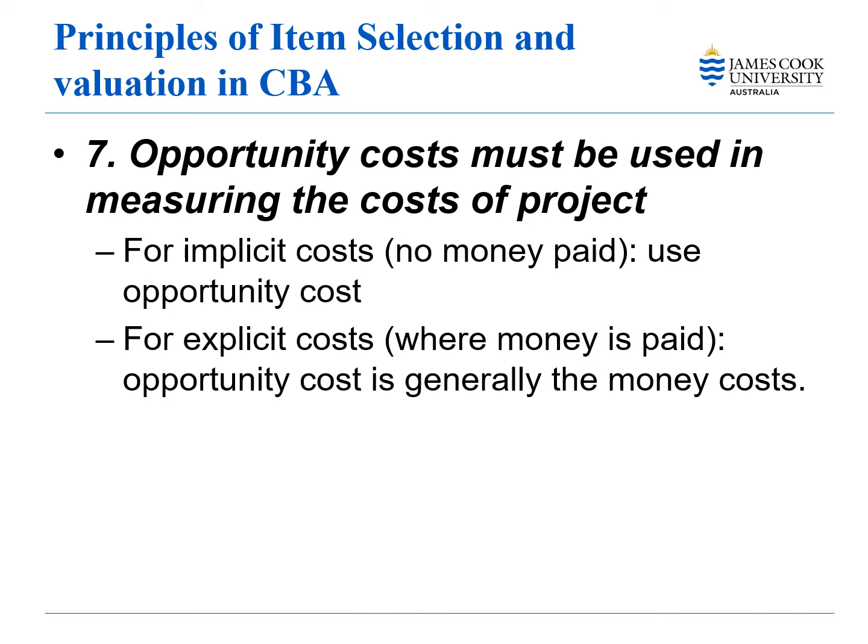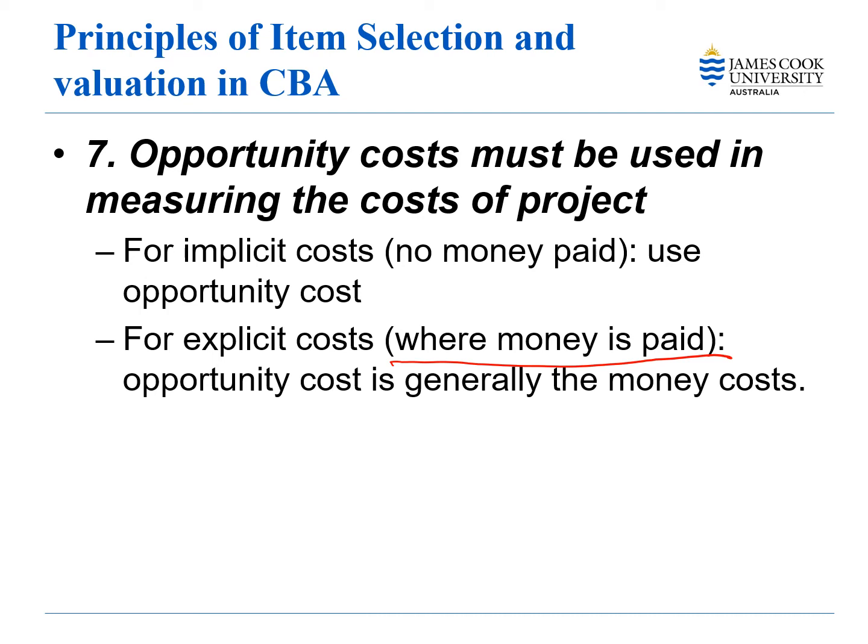Okay, seventh principle: opportunity cost must be used in measuring the costs of the project. Here, some items of costs are explicit, which means money is paid, so it involves money flowing out of your pocket.